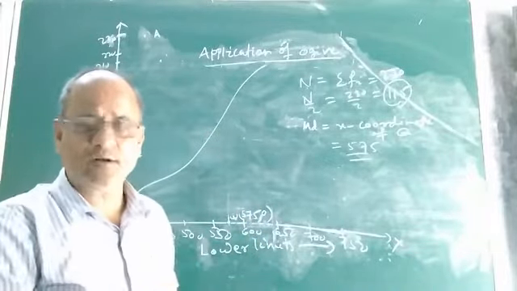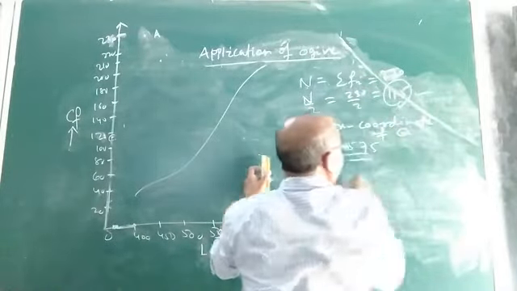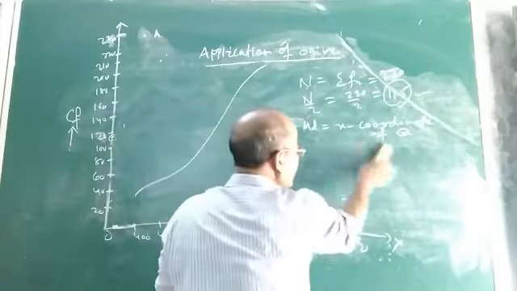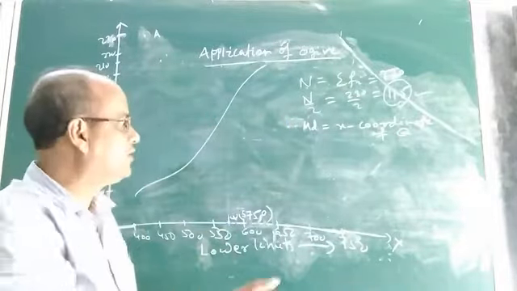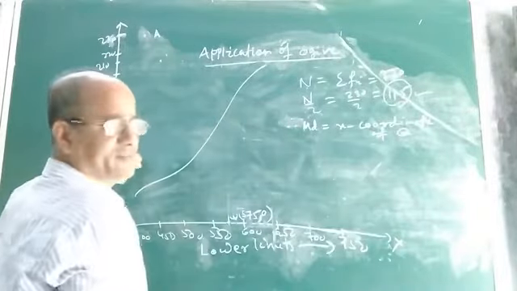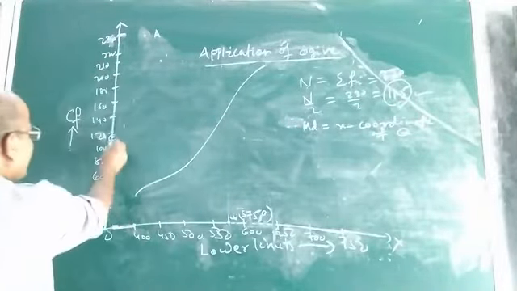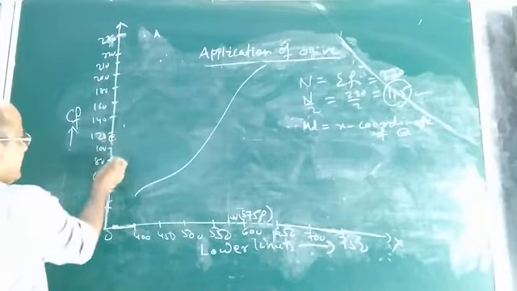Then how to get the median? Suppose the same thing. Suppose n is 230 and n by 2 is 115. In this case, you will follow the same procedure. First you locate 115 along which axis? Y-axis. Look, this is 115.